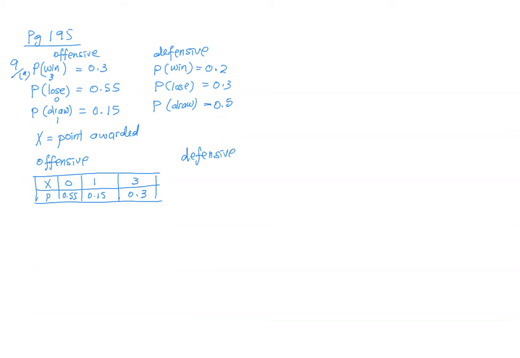You build the probability distribution table. When you do statistics, don't rush. 0 is for lose, 1 point for draw, 3 points for win. I write down properly so I have some visual so that I fill in the correct number. Everyone, are you with me?